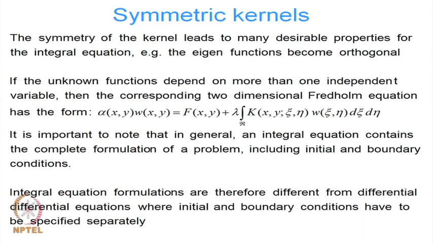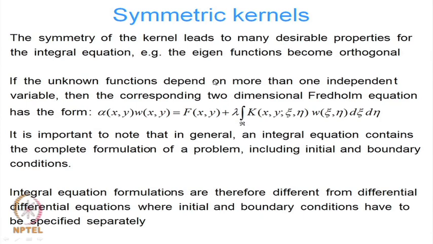Well, if it is symmetric, it turns out that all its eigenvectors are orthogonal to each other, right. Similarly, for a symmetric kernel of an integral equation, the eigenfunctions of that integral equation become orthogonal. If an integral equation has a symmetric kernel, the eigenfunctions of that integral equation are going to be orthogonal, right.